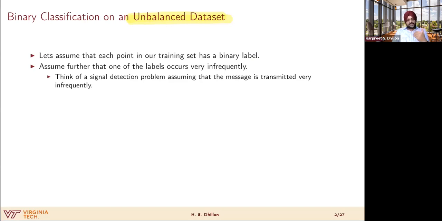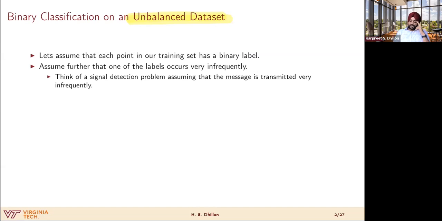Think of your received signal, where the binary label corresponds to whether your transmit signal or your target, whatever you might be detecting, was present or not. So are you receiving an actual signal or is it just noise? That would be the binary label.